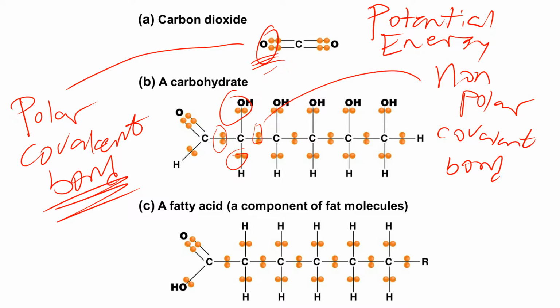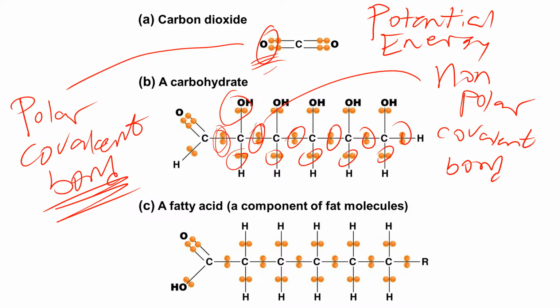Carbon dioxide, there really isn't a lot of potential energy stored in that molecule. Very little. Your carbohydrates, you have a lot of carbon-carbon, carbon-hydrogen bonds. Basically, there is a large amount of potential energy stored in these bonds, and when you break those bonds, guess what?